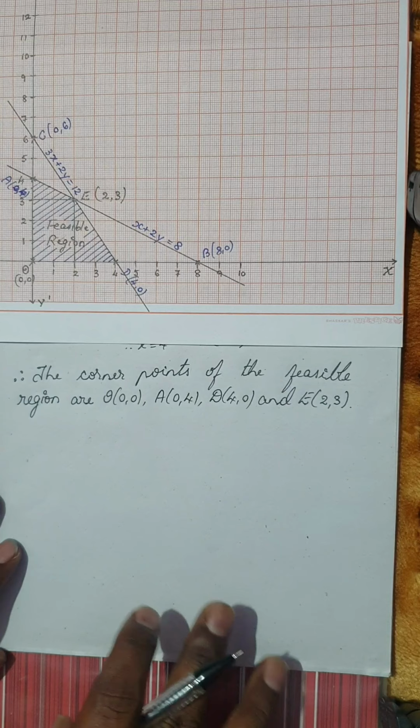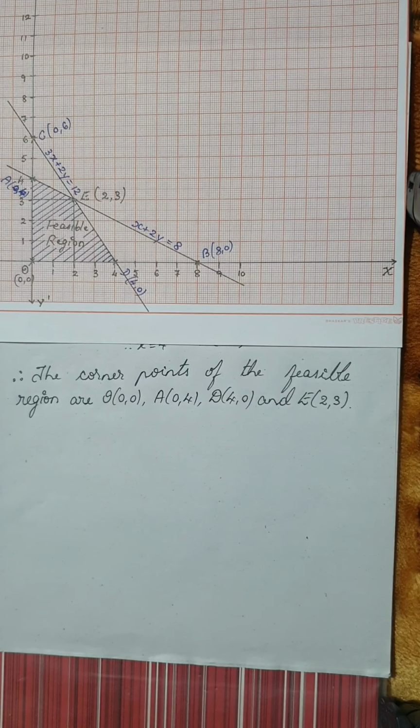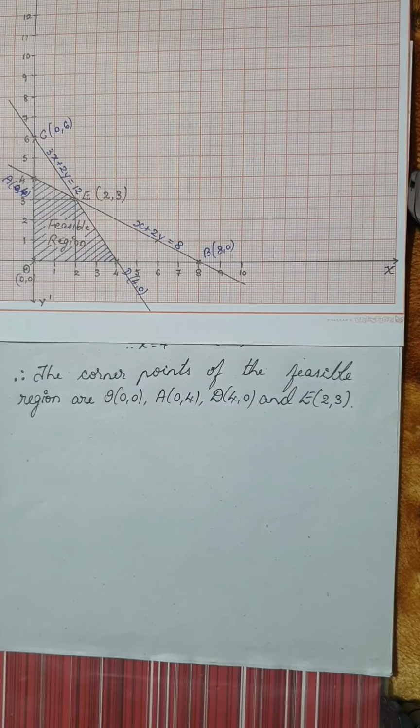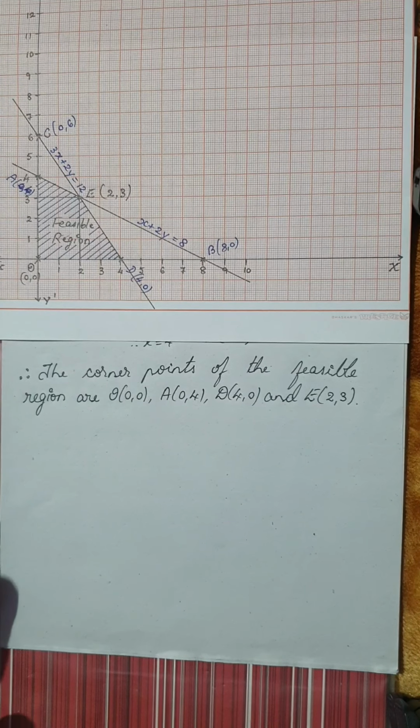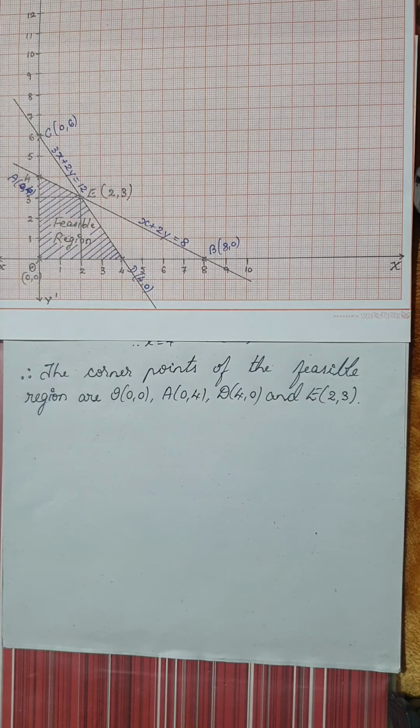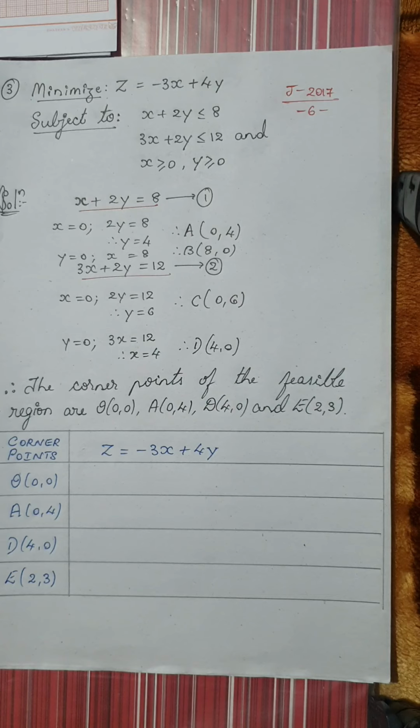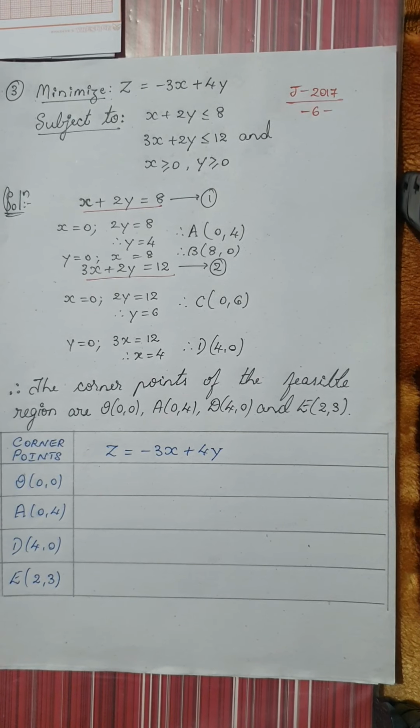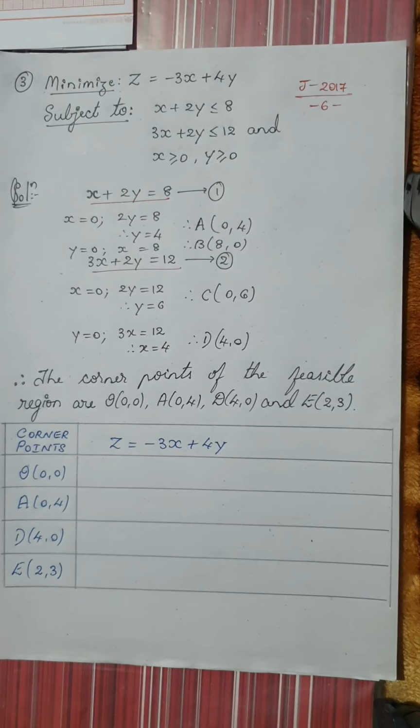Once the points are ready, now I am going to make the table to find the Z value. So get your table ready, and I am going to get my table ready now. Fine students, now my table is also ready. I hope yours is also ready now.